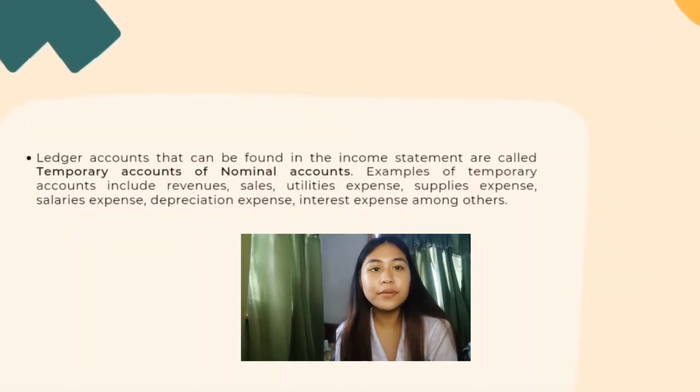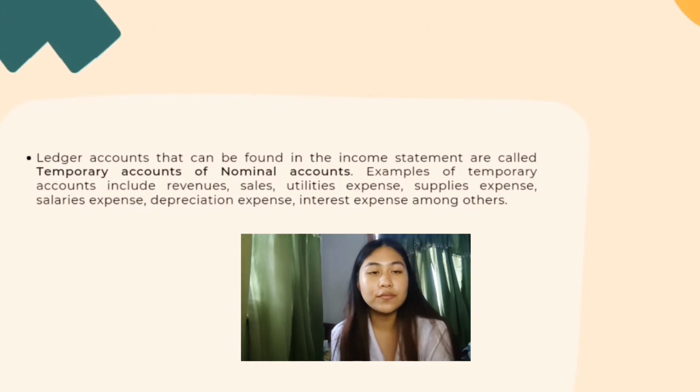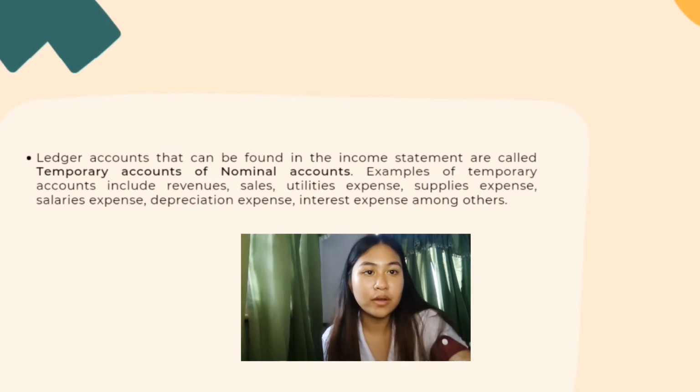Ledger accounts that can be found in the income statement are called temporary accounts or nominal accounts. Examples of temporary accounts include revenues, sales, utilities expense, supplies expense, salaries expense, depreciation expense, interest expense, among others.